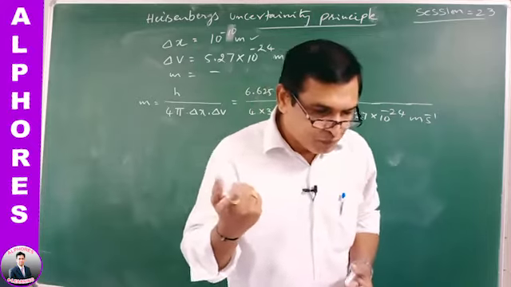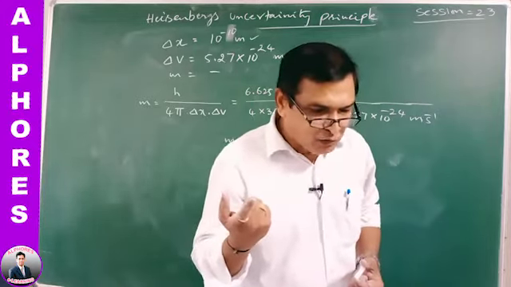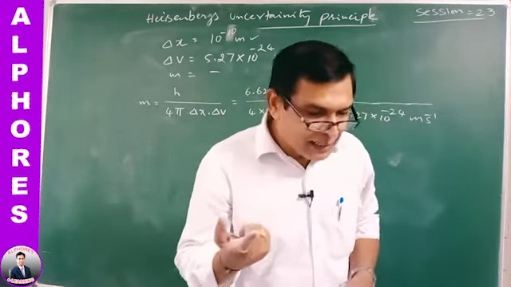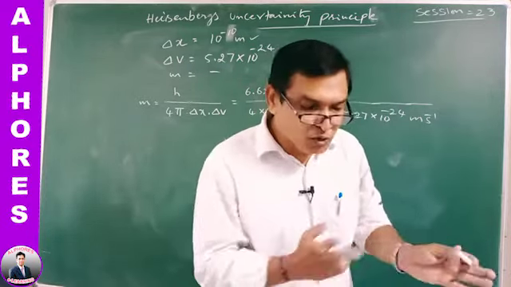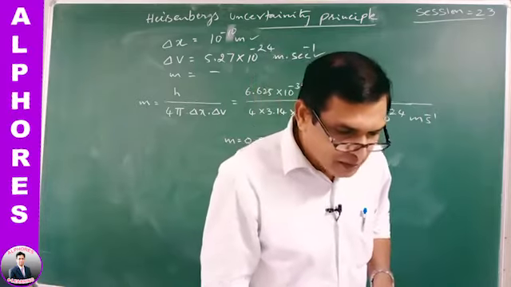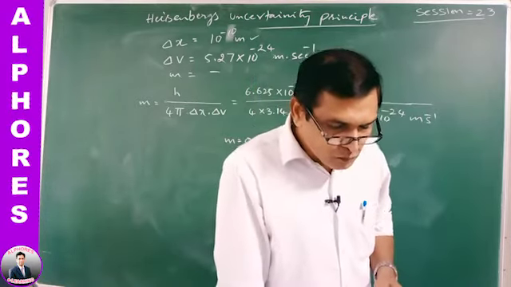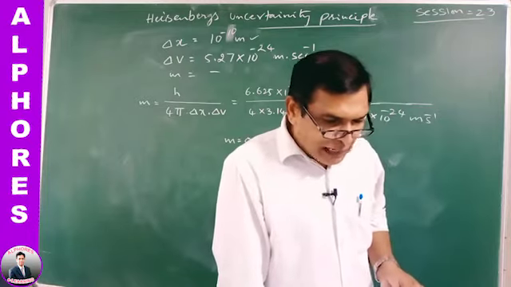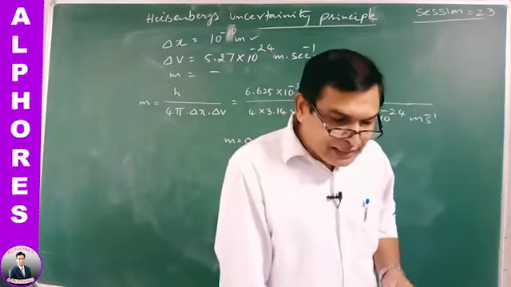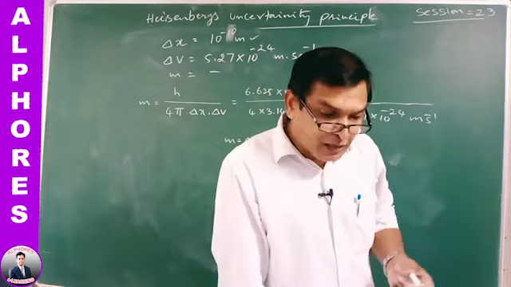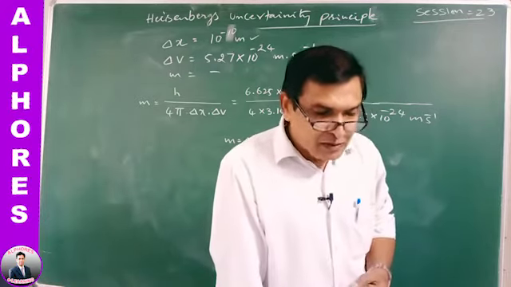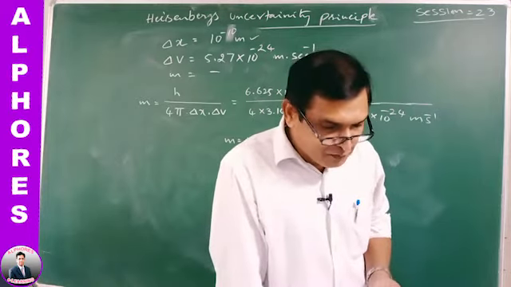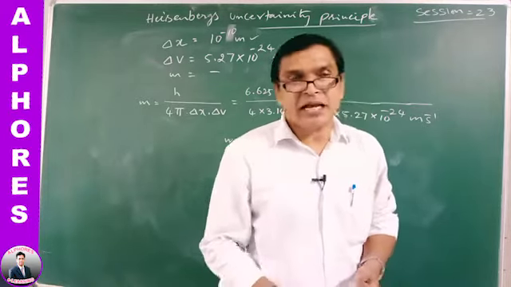So what we have to find? The product of uncertainties of displacement and velocity, that means delta x and delta v.